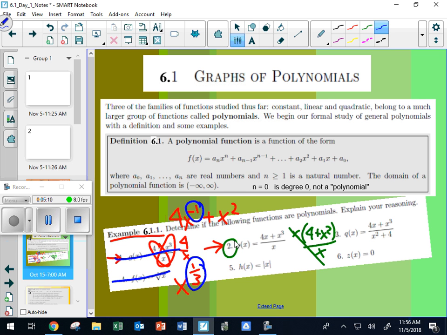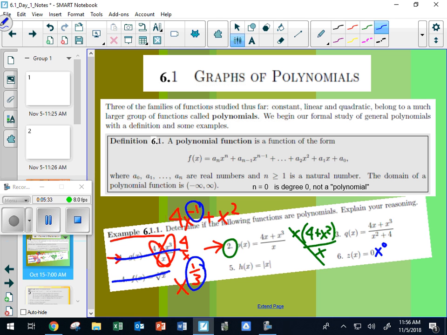Tricky question. Is 0 a polynomial? Who thinks yes? Who thinks no? All right. If I rewrote 0 as 0 times x to the 0 power, what's x to the 0 power? 1.